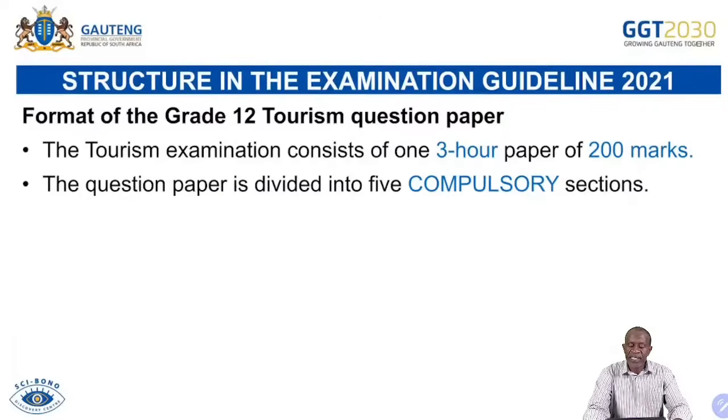The question paper is divided into 5 compulsory sections. This indicates that you have to answer all the questions. You don't have a choice but to go through each and every question that is asked in the question paper tomorrow or after.